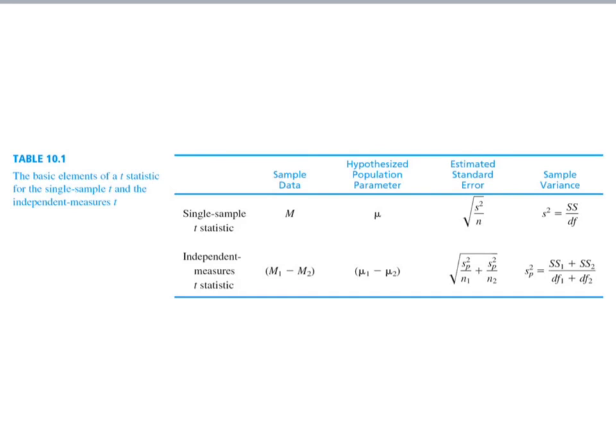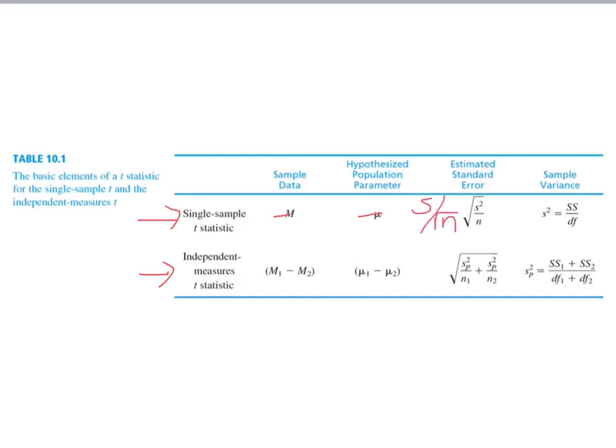If we were to compare the single sample and the two sample hypothesis tests, we have one population mean, and we got our standard error by taking the square root of the variance divided by n, or taking the standard deviation over the square root of n.